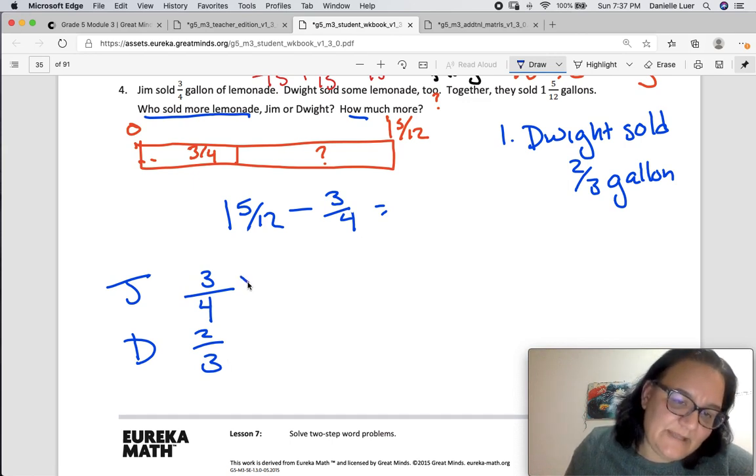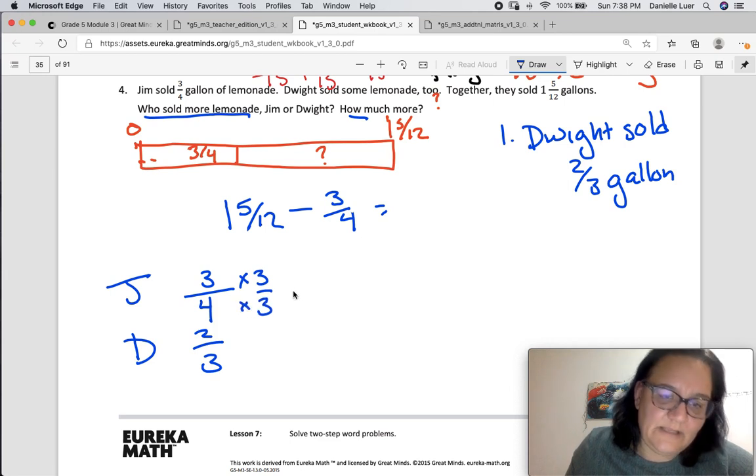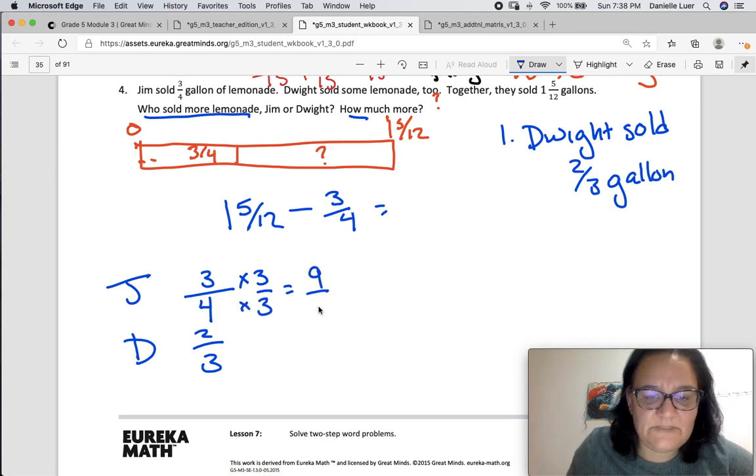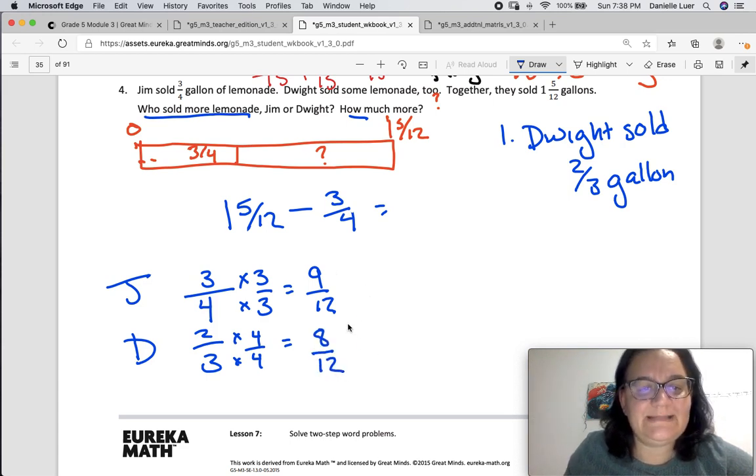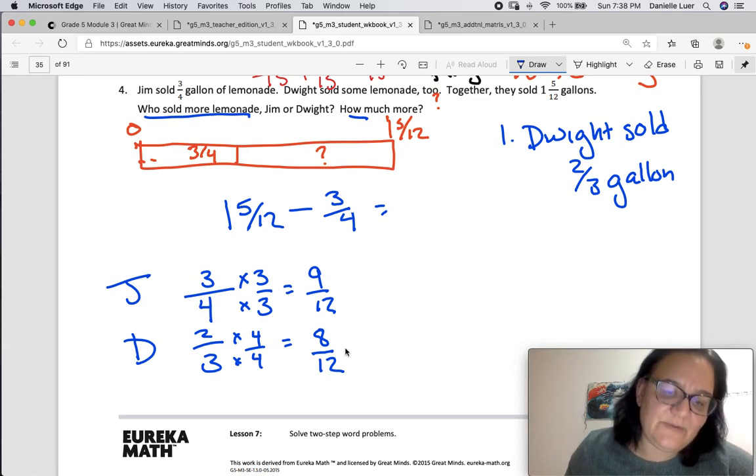So I can multiply this by 3/3 and get 9/12. And this one I'm going to multiply by 4/4, and that's going to give me 8/12. Now, which one is bigger? Who sold more? Well, which is bigger, 9/12 or 8/12?